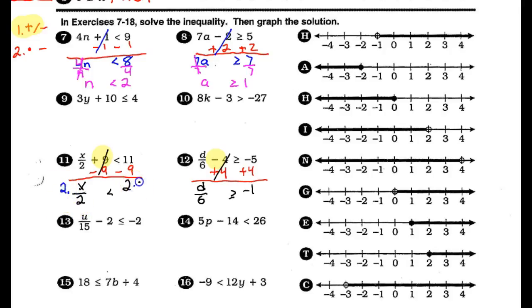And do the same thing to both sides. If there's a 6 on the bottom, you can cancel that 6 out by multiplying by a 6 on top. Right? 2 over 2 cancels out, equals 1. So we got x is less than 4. 6 over 6 cancels out, equals 1. So we have d is greater than or equal to -6.